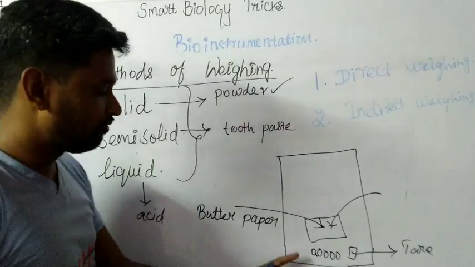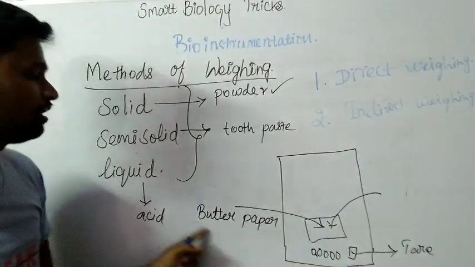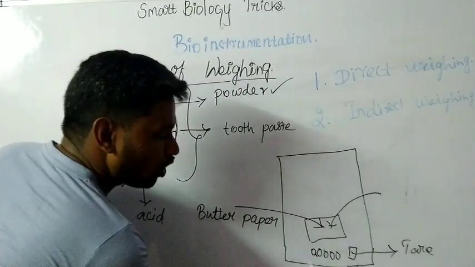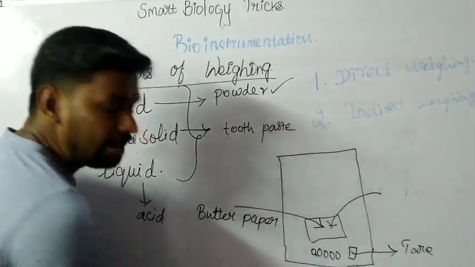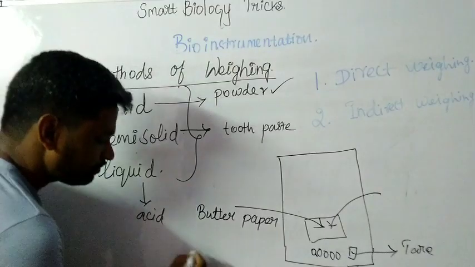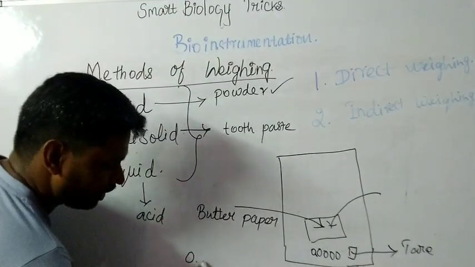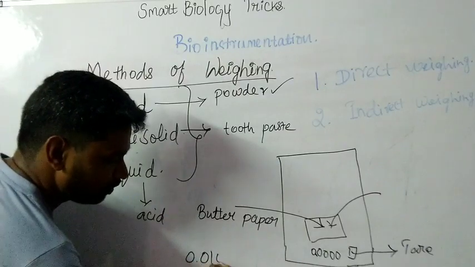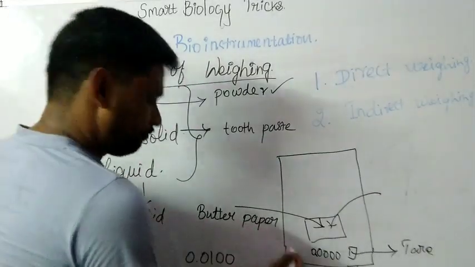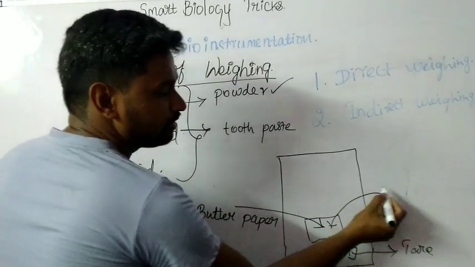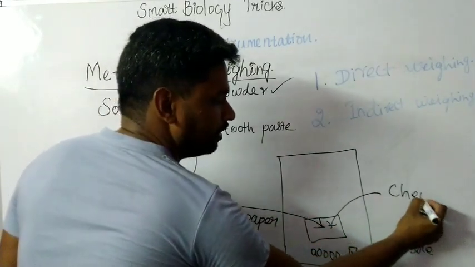You should record this value in your notebook. After noting it, you are not supposed to hit the tare button, and then you are allowed to add the chemical.